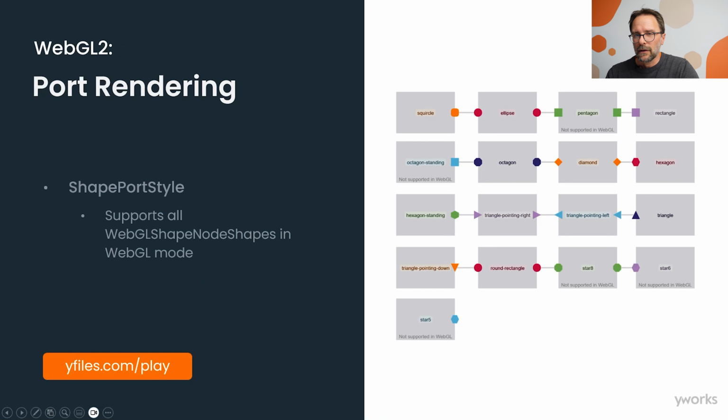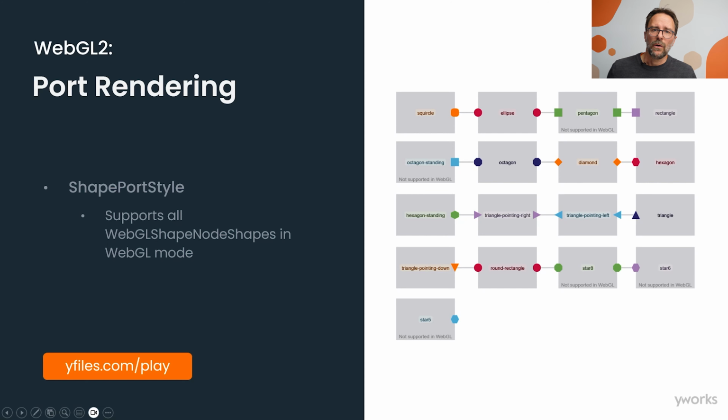And another feature that we already had in the SVG rendering, but not in the WebGL rendering, is port rendering. So originally, when we came up with the idea of our WebGL rendering frontend, we envisioned that people would mostly be using it for really non-technical diagrams, like meshes, networks, where it's typically the round nodes with some straight edge connections.